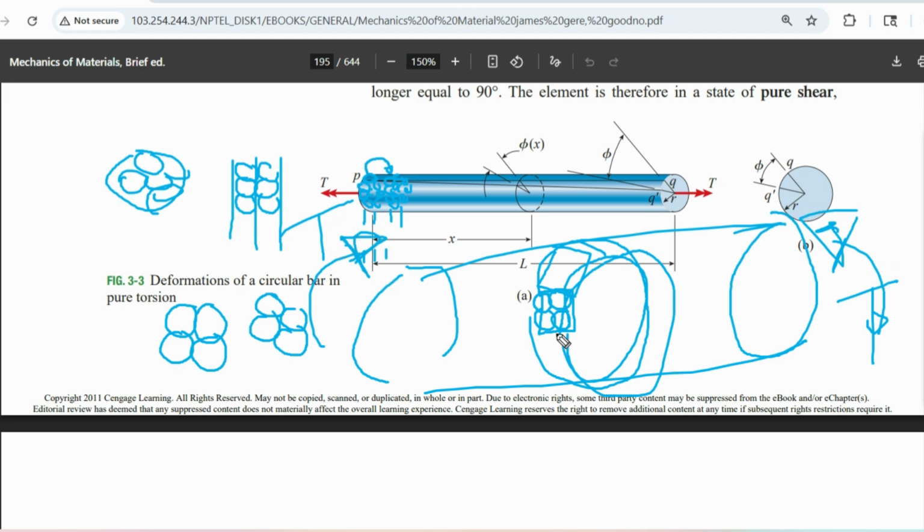But the internal reactions have to, like if I take a slice right here through the middle, every line of molecules has to resist that torque, one on one face, one on the other.